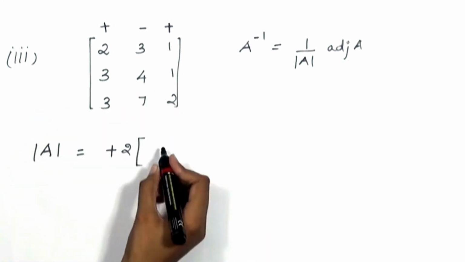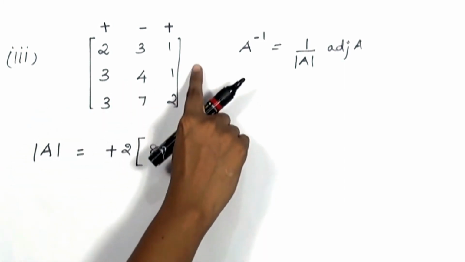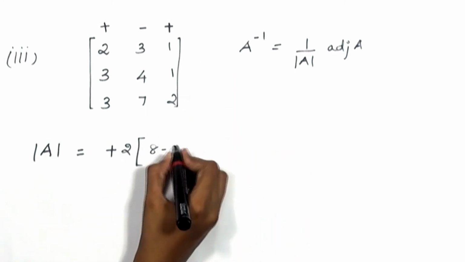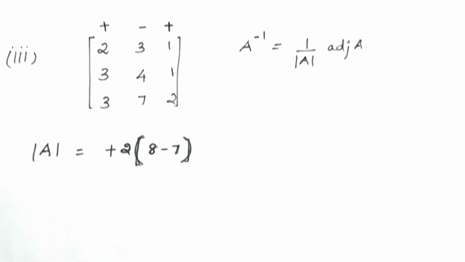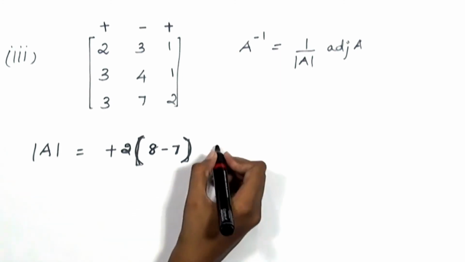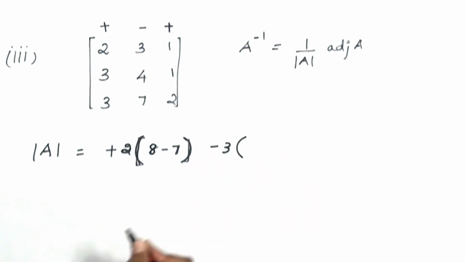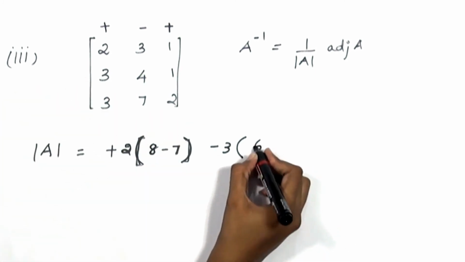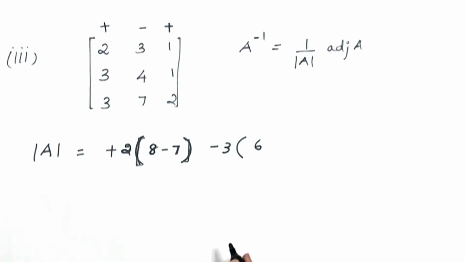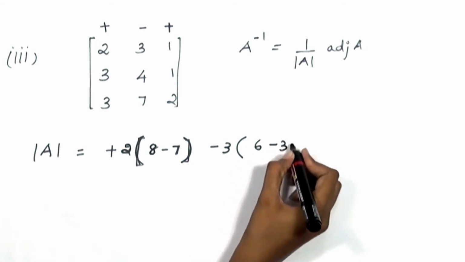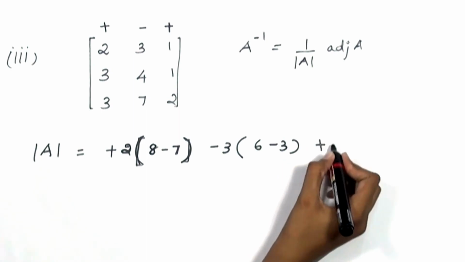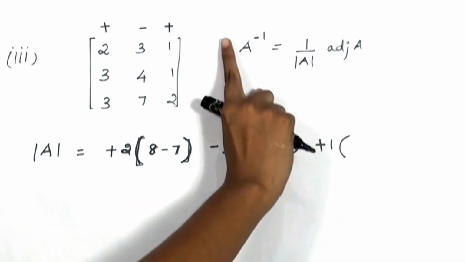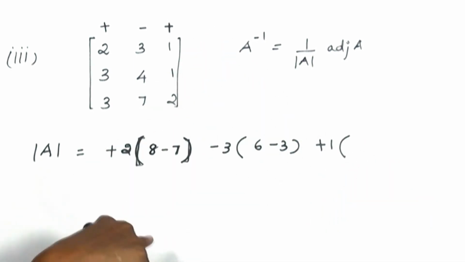4 into 2, which is 8, minus 7 into 1, which is 7. And for the second element, minus 3, the remaining elements will be 3 into 2, 6, minus 3 into 1, which is 3. And the next element, plus 1. Cancelling out this row and this column, we'll have 3 into 7, which is 21, and 3 into 4, 12.